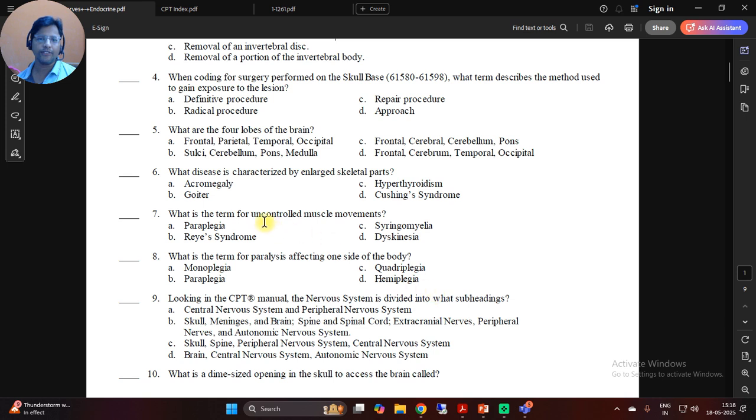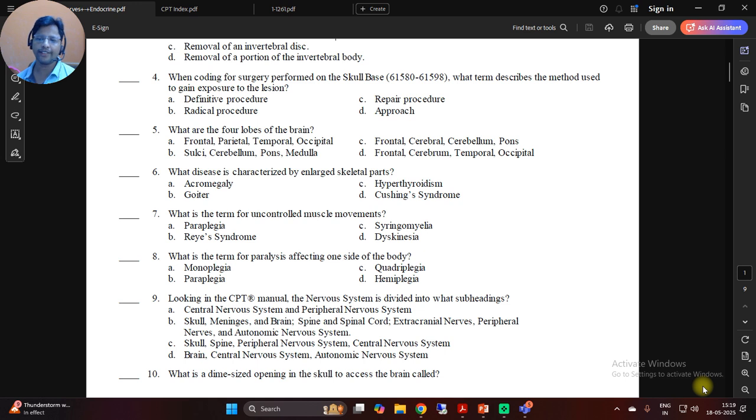Next. What is the term for uncontrolled muscle movements? If you are familiar with your ICD-10-CM as well as CPT books, you will succeed in 80% of the exam, because they will provide each and every question using the CPT and ICD books only.